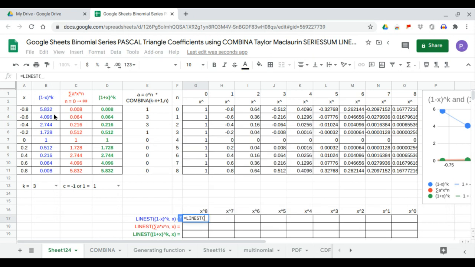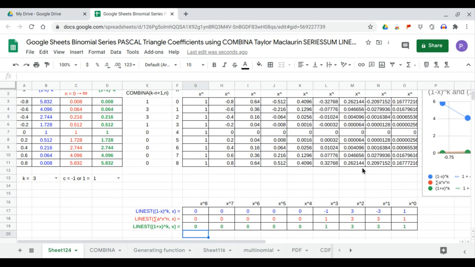LINEST data y and data x. And on the Taylor-Maclaurin series sum expansion, LINEST data y and data x. And the 1 plus x to the power k is also data y and data x.